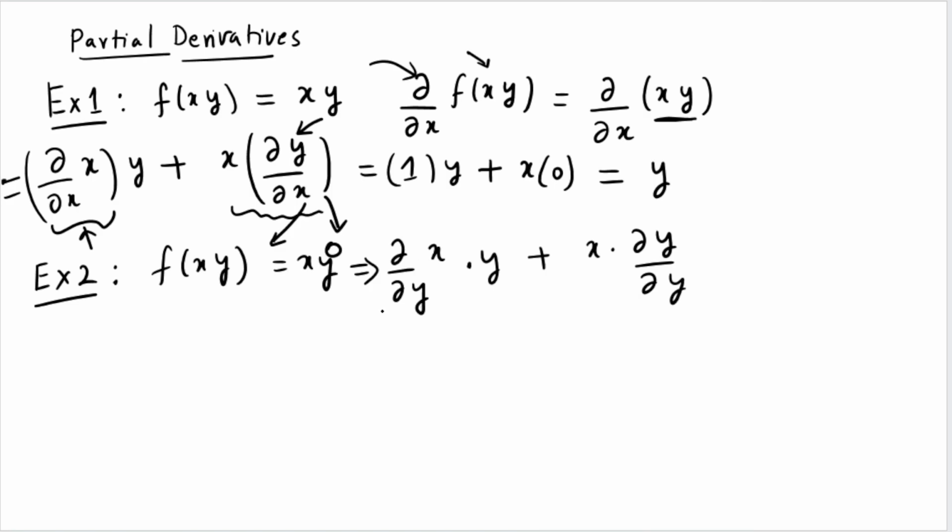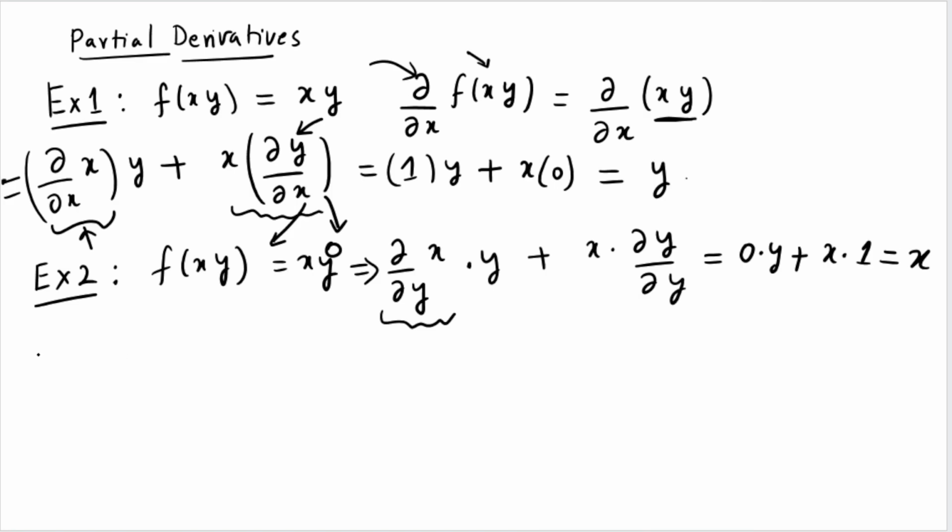Here, in the first derivative, x is to be treated as the constant because the variable of derivative is y. The derivative of a constant is equal to 0. So therefore, 0 times y plus x times ∂y/∂y, which is nothing but 1. So the partial derivative of f of xy with respect to y is equal to x.